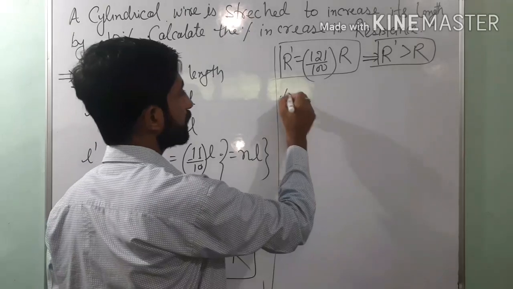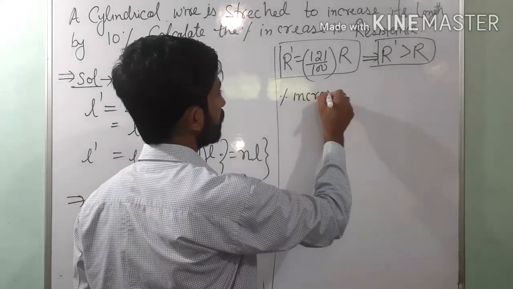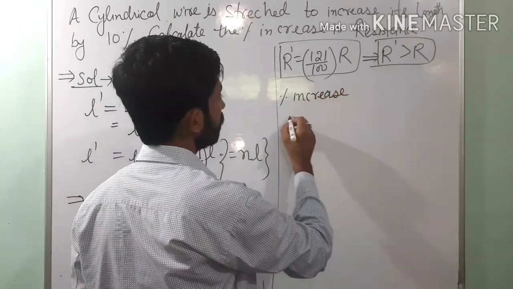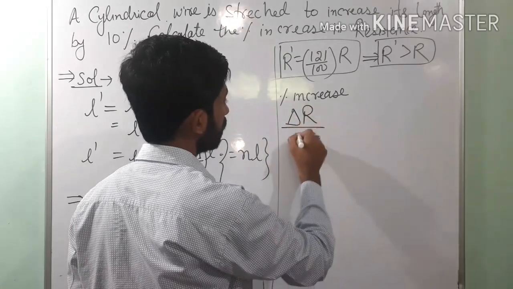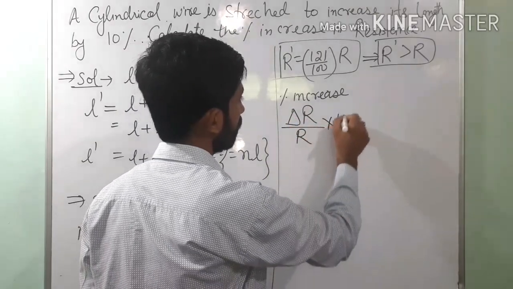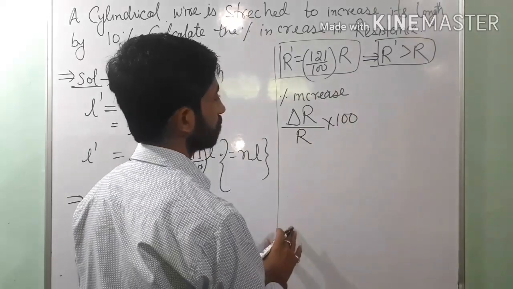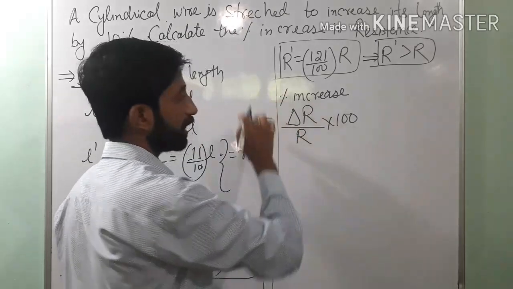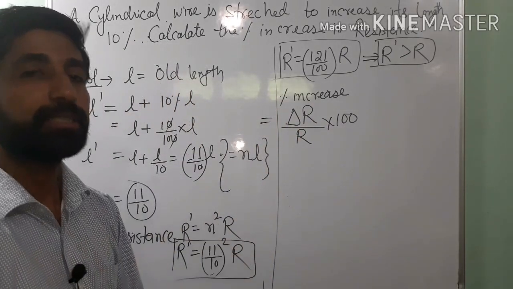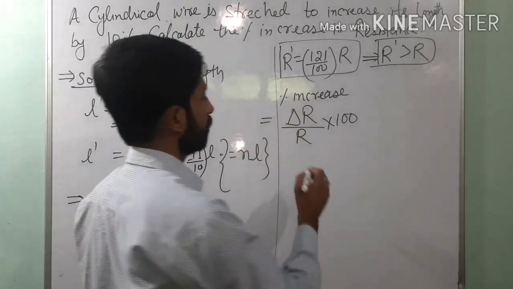For percentage increase, we use delta R over R into 100. So percentage increase is given by this, and delta R is the final resistance minus previous resistance.